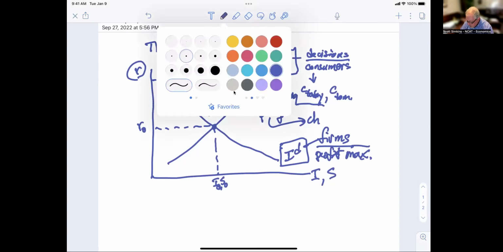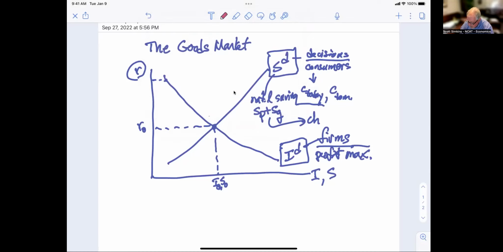The next question then is what happens when something happens to shift one of the curves. Remember, in this course, the idea is you get some real world event, and the question is which market, which curve, which way.